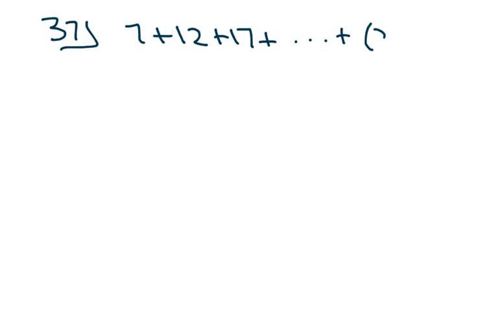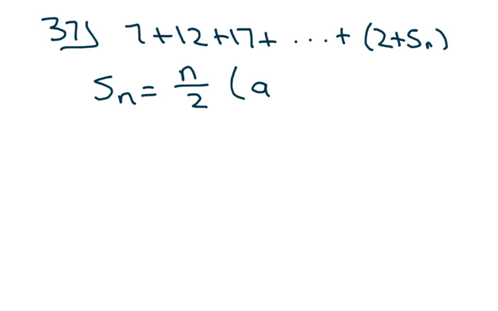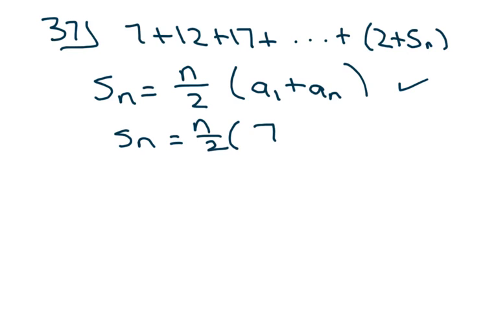Okay, 37, same kind of thing. It's pretty easy. You have 7 plus 12 plus 17 plus dot dot dot plus 2 plus 5n. Now, we're just going to use our special formula. Make sure you have this memorized for the SAT. So we have n over 2, a sub 1 is 7, plus the last term.